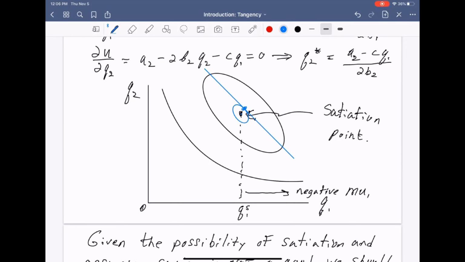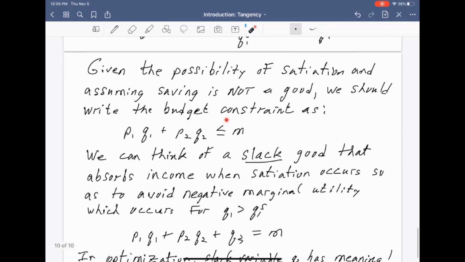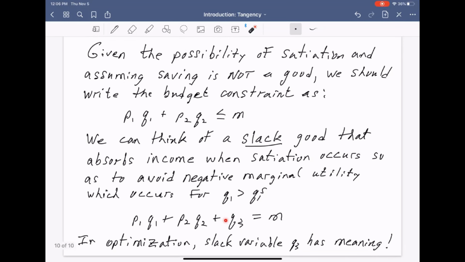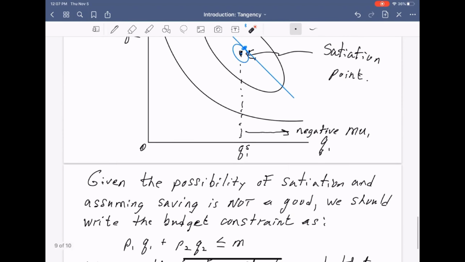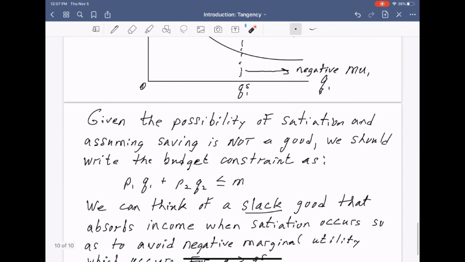So at the blue point, we have less utility than at the black point in the middle there. So we don't want to have that happen to us. So in order to do that, we need this inequality sign, and to do that, we need to add this Q3, which is a slack variable which would absorb any income that would be higher than needed to reach the satiation point.